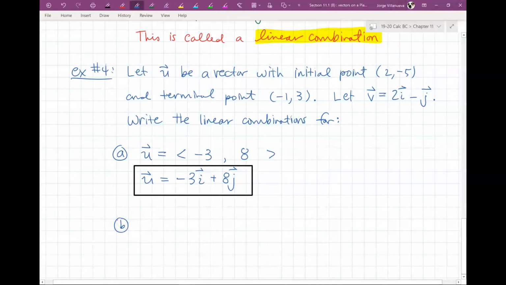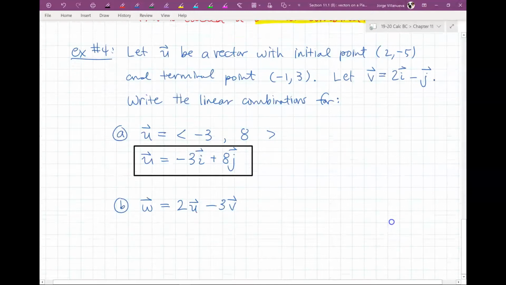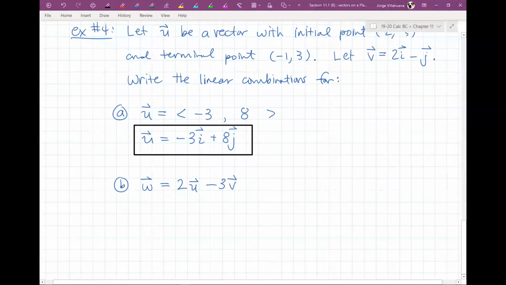B, if W is equal to 2U minus 3V, they want a linear combination of that. Okay, so you might want to do it this way. 2 times -3i plus 8j minus 3 times 2i minus j.